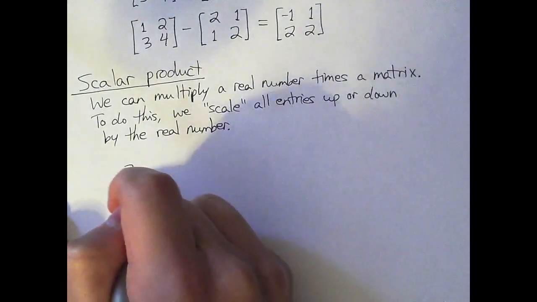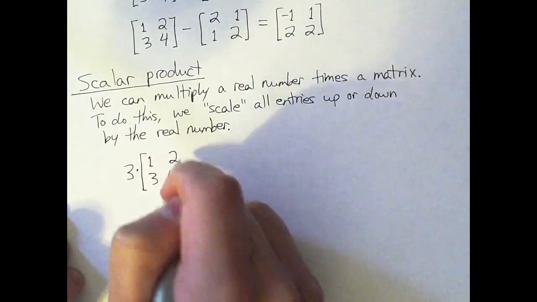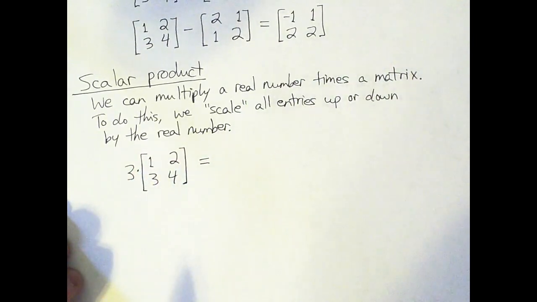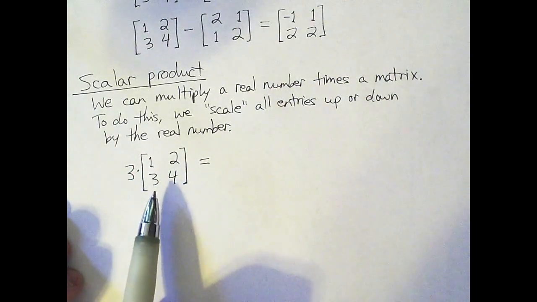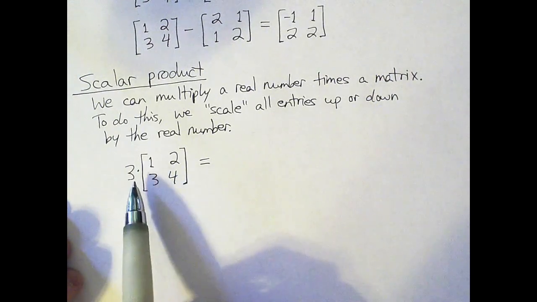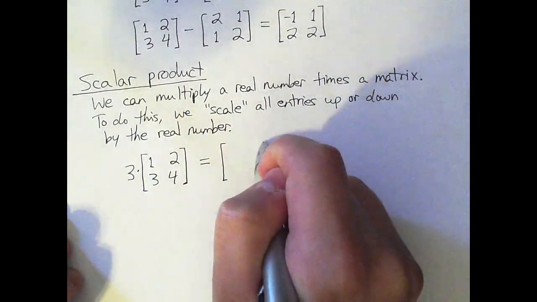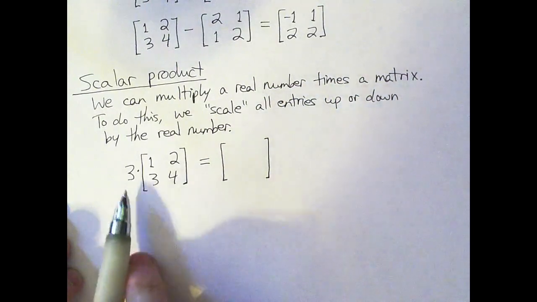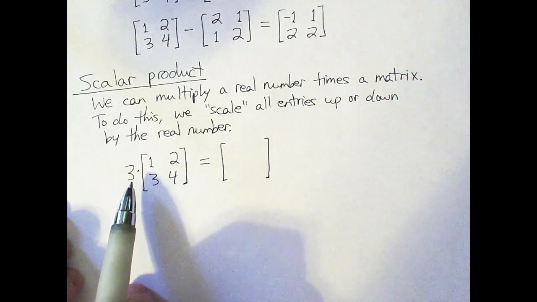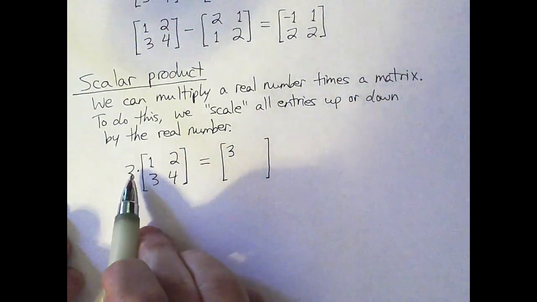As an example, let's say I want to do 3 times this matrix. It's a real number times a matrix, right? 3 is a real number. So to do this, we scale all entries up or down by the real number. The result is also going to be a 2 by 2 matrix where every entry is going to get scaled up by a factor of 3. So the 1 is going to become 1 times 3, or you could think of it as 3 times 1.